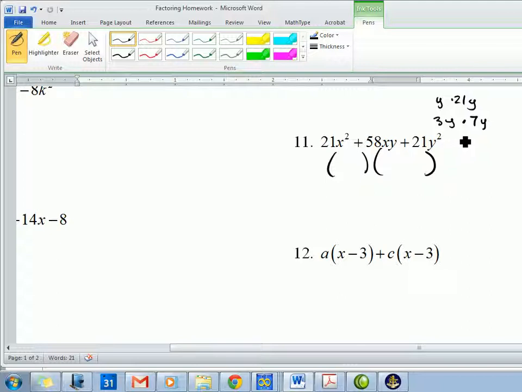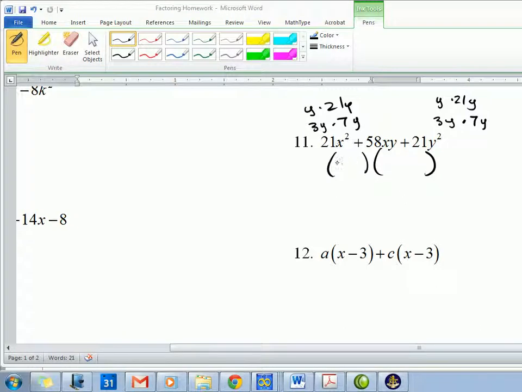I think those are the only ones that we can actually use in this case. Over here, that means we can use y times 21y, and we can use 3y times 7y. So we have to find some kind of combination where somehow it's going to give us that.